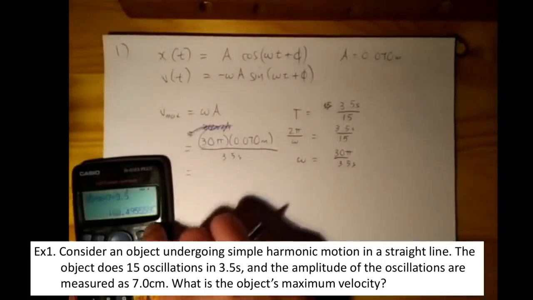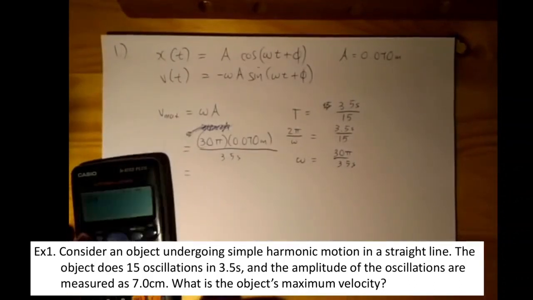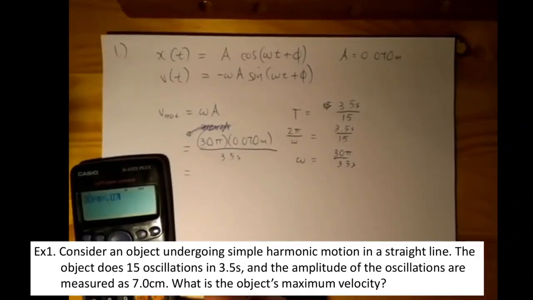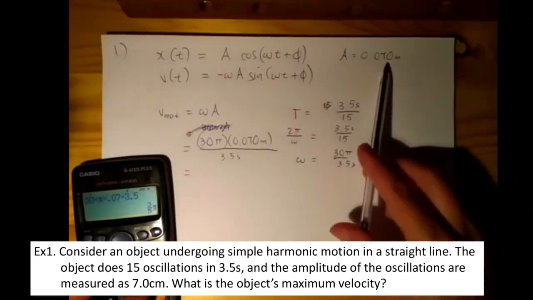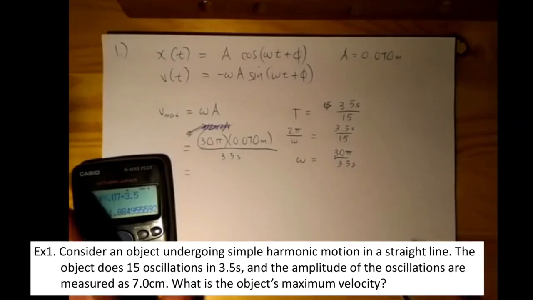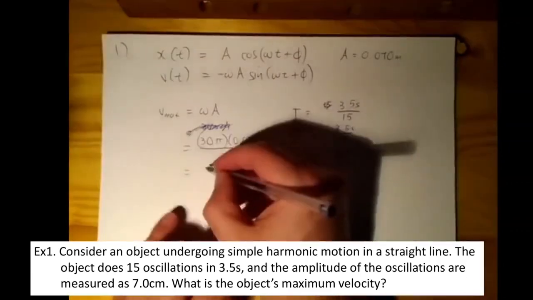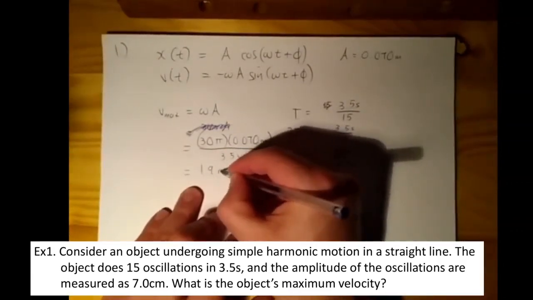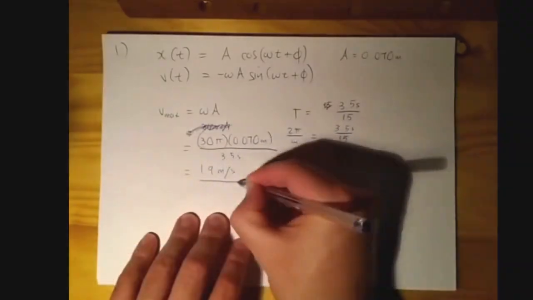Okay, so 30 times pi times 0.07 divided by 3.5. Good, this much. Well, I won't leave it like that because I can't provide exact answers here. That looks like a measured value to two significant figures, so I'm going to give an answer to two significant figures. So that is 1.9 meters per second.